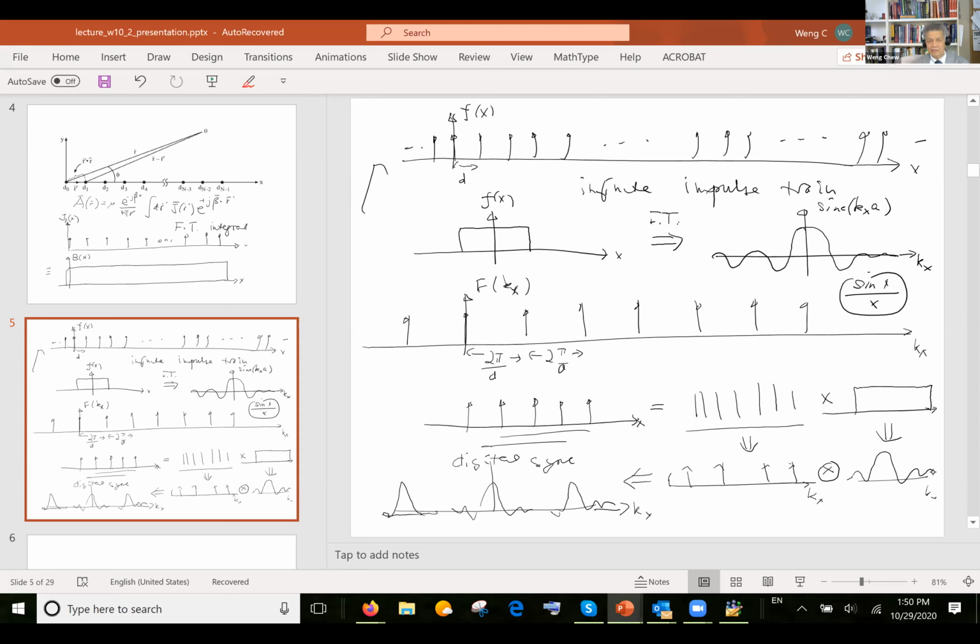You can easily figure out what the Fourier transform of a finite set of array is just by manipulating things around in your head. And that's why you have this aliasing. If you have studied signal processing, you know how aliasing comes about, because you have to convolve this signal with an infinite impulse train again, which gives rise to aliasing effects.